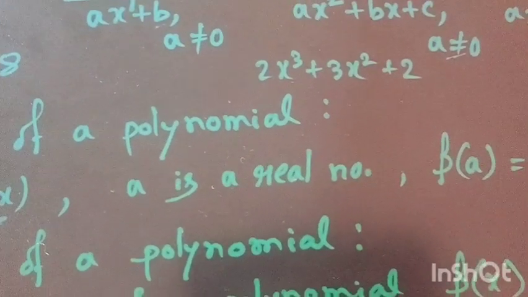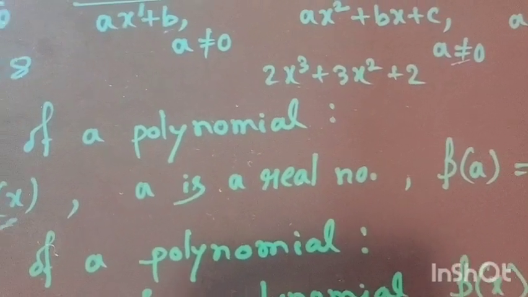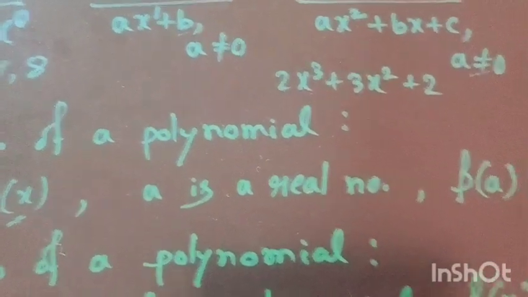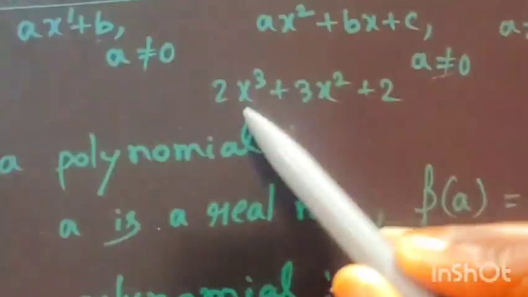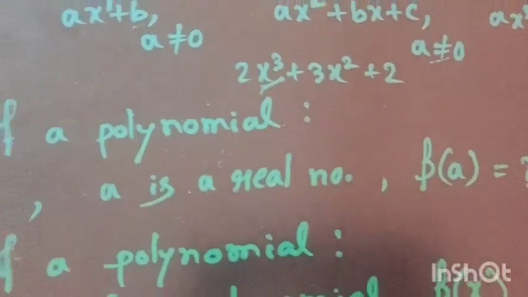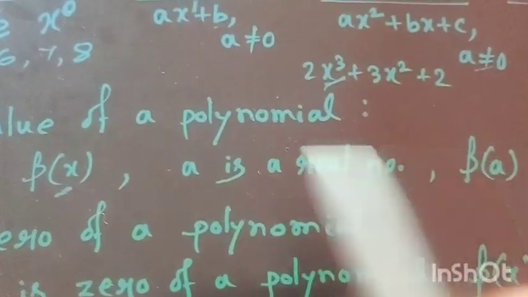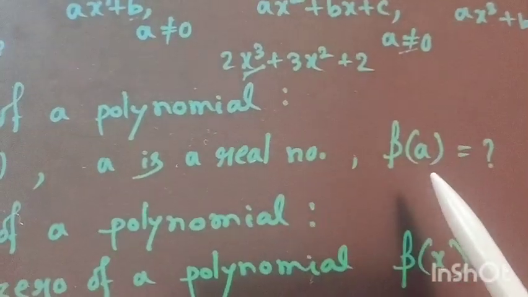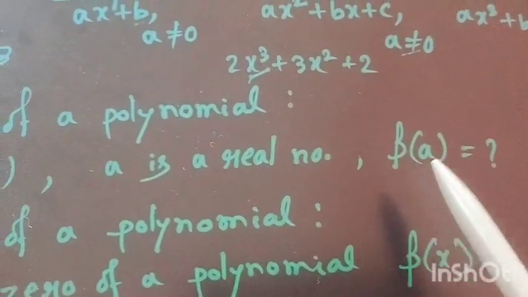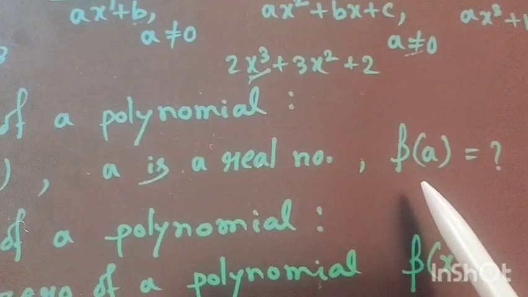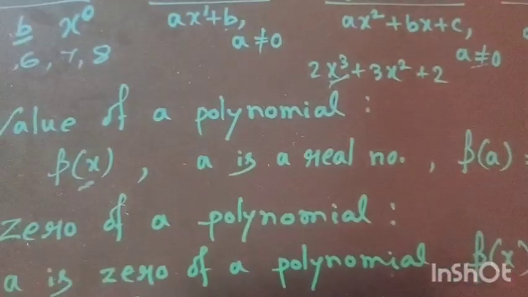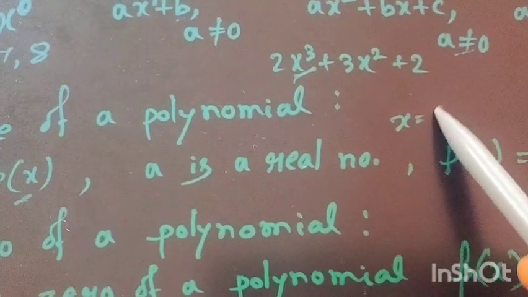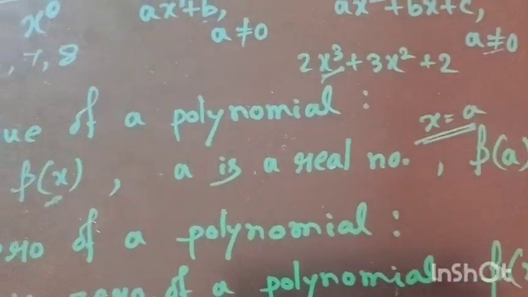If I want to derive the value of the polynomial at x equal to 2, we just replace x by 2. So for a polynomial p(x) and a real number a, to get the value of p(a), just replace x by a. You will get the value of the polynomial at x equal to a.